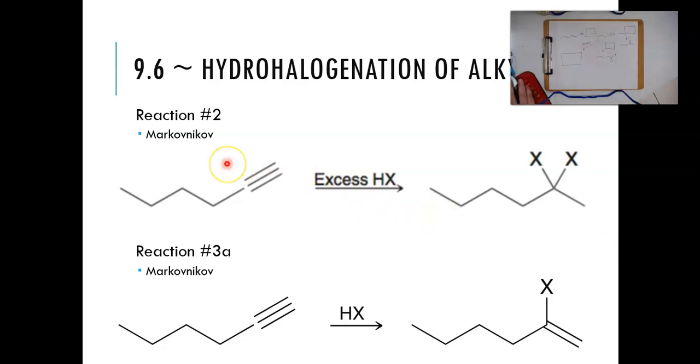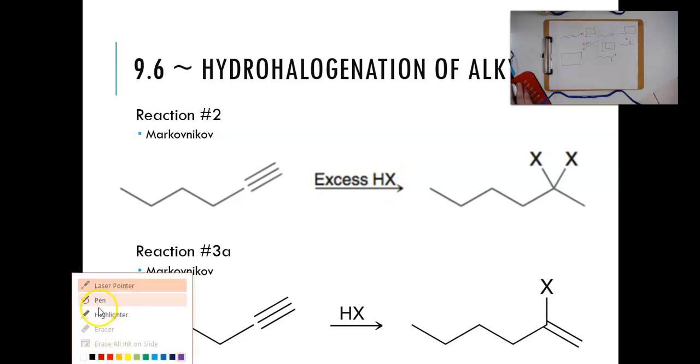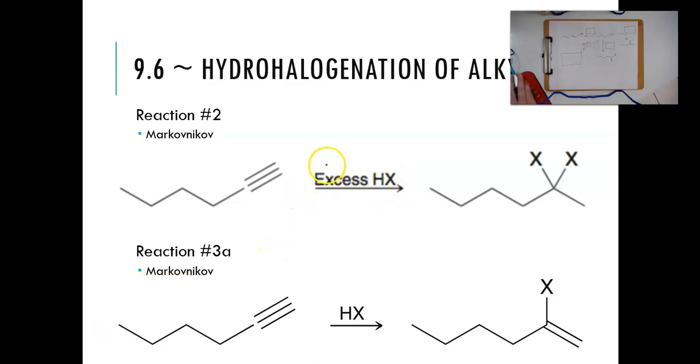So in reaction number 2 here, we're going to use our alkyne, and we're going to react it with excess HX. So HX would be HCl, HBr, HI. Our excess is often abbreviated as just XS, or you might see it written out as 2 equivalent, so 2EQ.